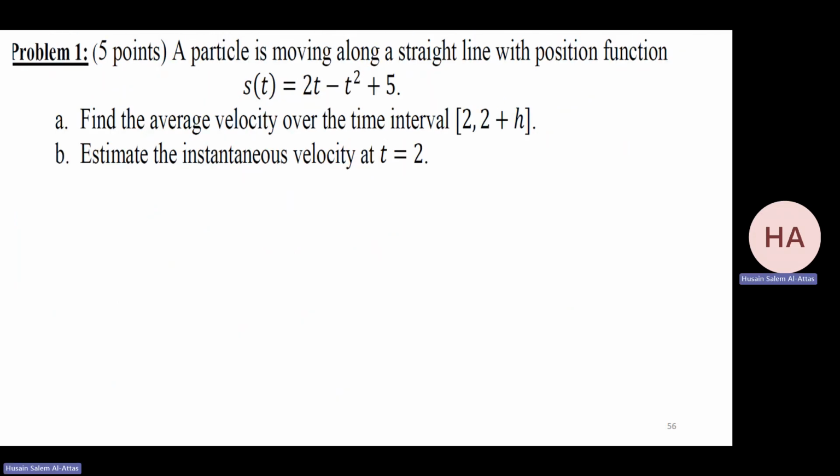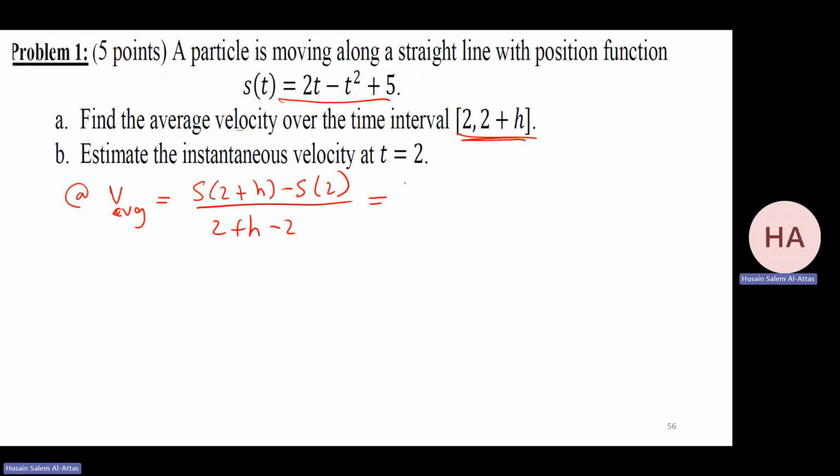A particle is moving along a straight line with this function. Find the average velocity over this interval. So V average equals what? S of 2 plus h minus S of 2 over 2 plus h minus 2. Do the calculation. 2 plus h, minus 2 plus h squared plus 5, minus S at 2, which is 4 minus 4 plus 5, which is 5, minus 5, all over h.